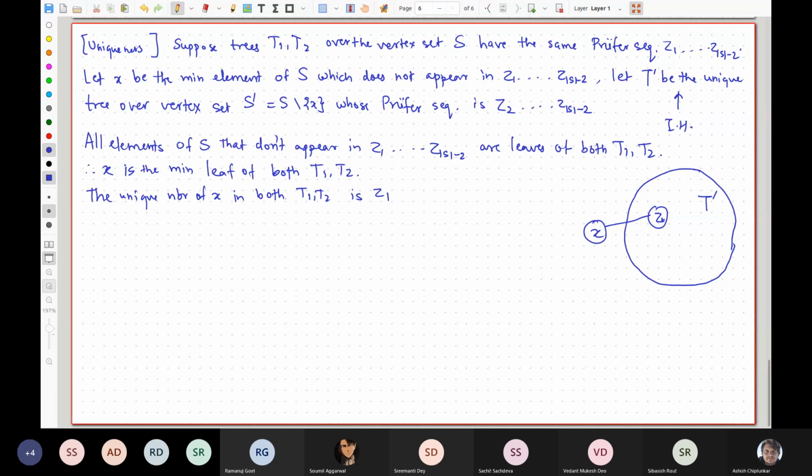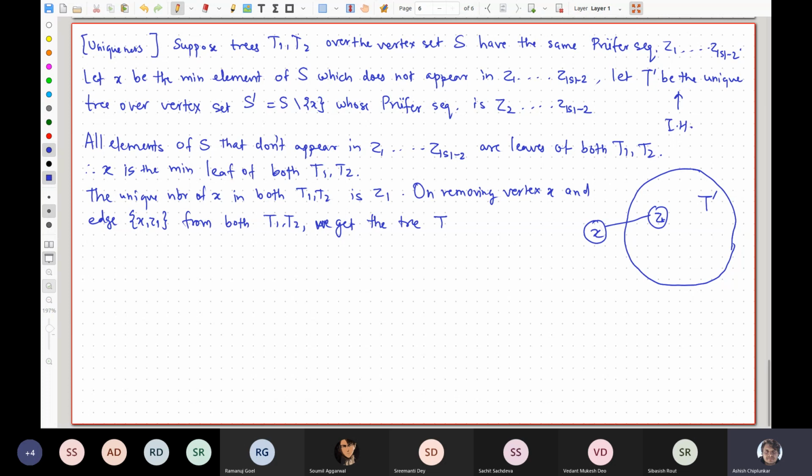On removing vertex X and edge XZ1 from both T1 and T2, we get the tree T prime.